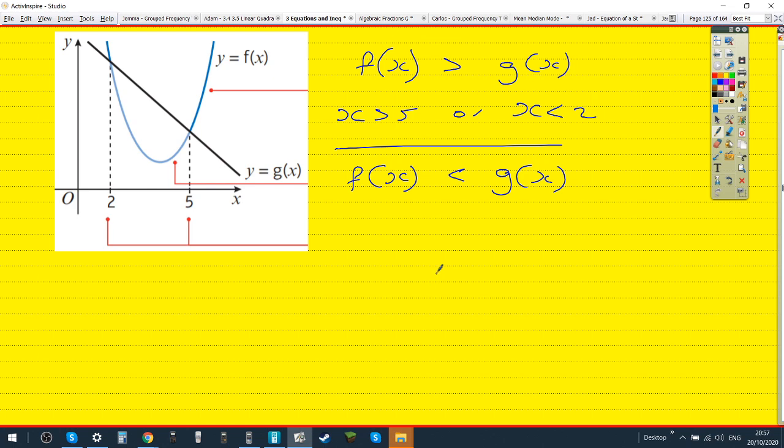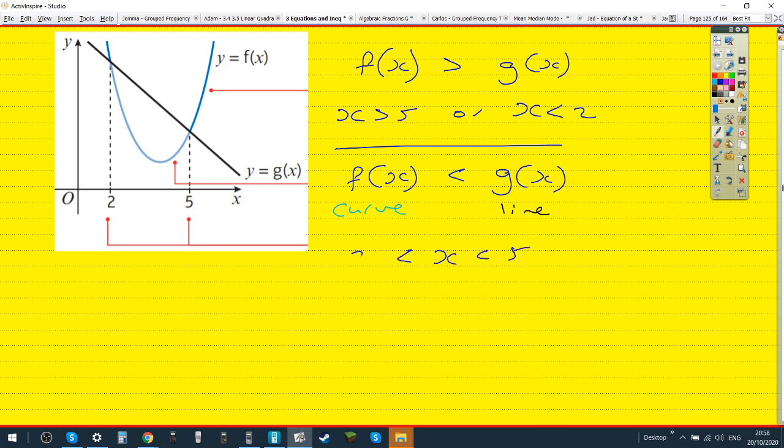Would you just substitute 5 and 2 in, or would that be wrong? You can't really substitute. We don't know the functions. Where is the curve less than the line, lower down than the line? Between 2 and 5. So it'd be 2 is less than x, and then x is less than 5.